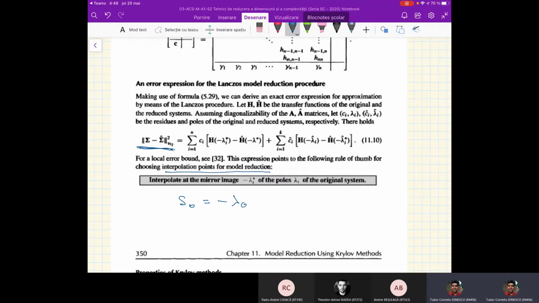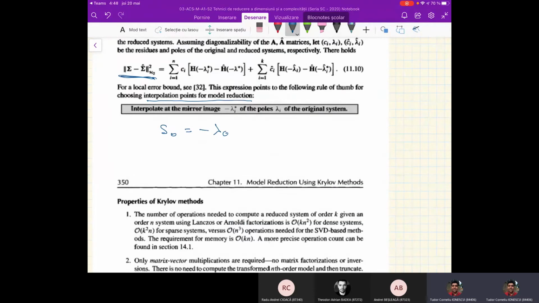Of course, you cannot, but you can design an iterative procedure initializing S0 anywhere, and then step by step, you go every time and you choose as the new interpolation points.